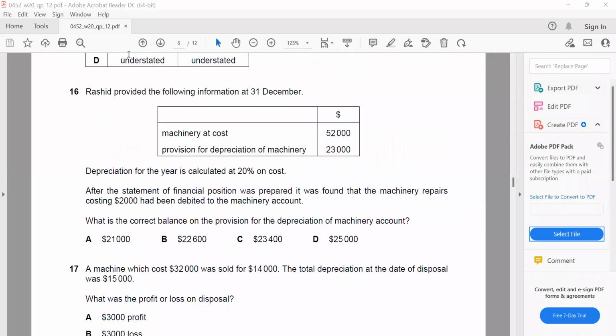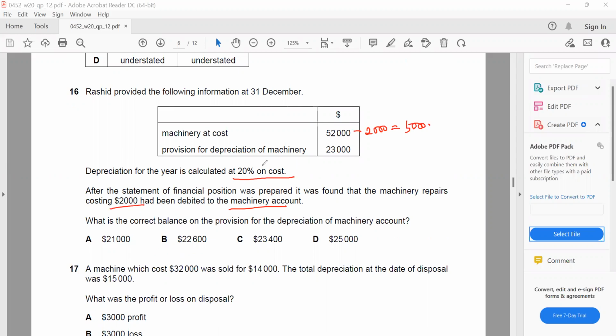Okay, question 16. Machinery at cost, provision for depreciation. Depreciation is 20% on cost. This is the straight line method. After the statement of financial position was prepared, it was found that the machinery repair cost of 2,000 had been debited. That means this one is an extra 2,000. By right, 50,000.